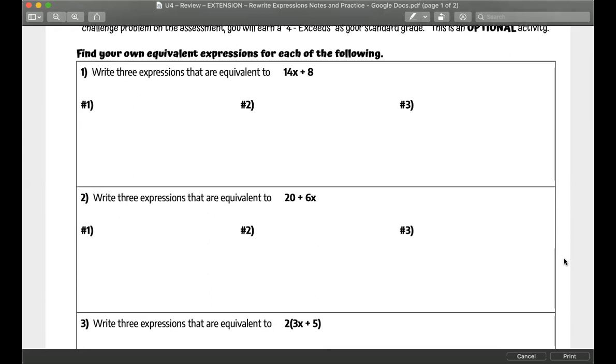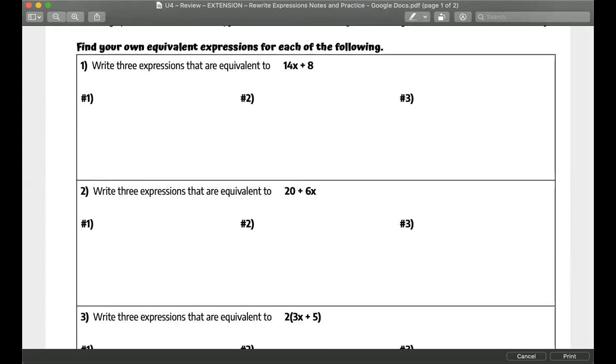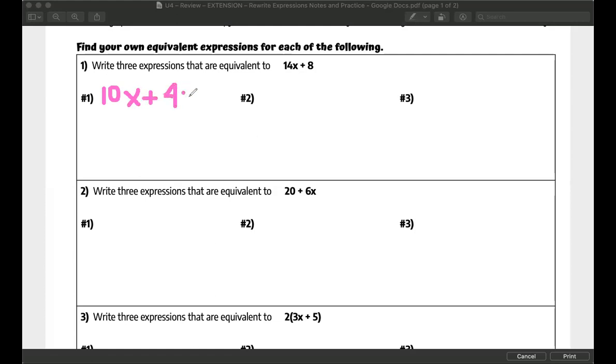So first, looking at this first expression, 4x plus 8, we want you to write 3 expressions that are equivalent to this. So you could start as easy as something like, okay, I'm going to take 14x and 8, and I'm going to say, what if I split up the 14 to 10x plus 4x, and maybe I split up my 8 to 7 and 1.